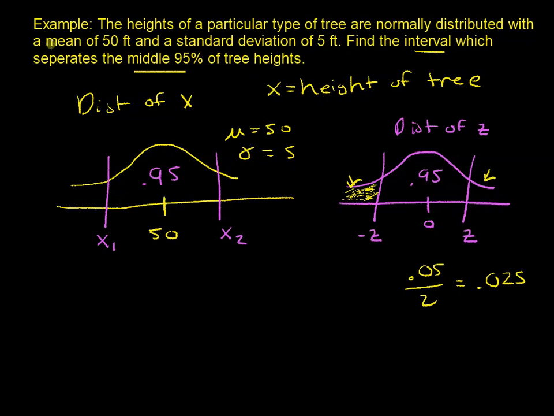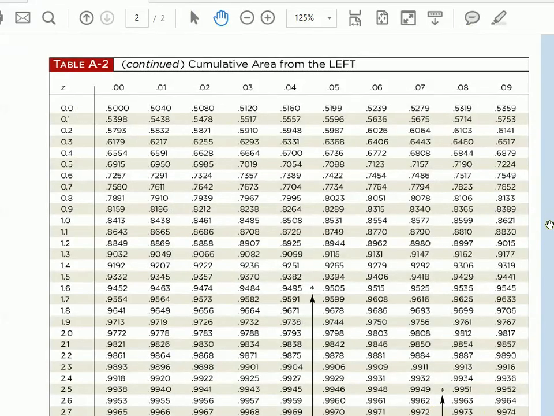Let me write that. This area is 0.025, and this area is 0.025. Let's look up in the table where 0.025 is and find the corresponding value of z.